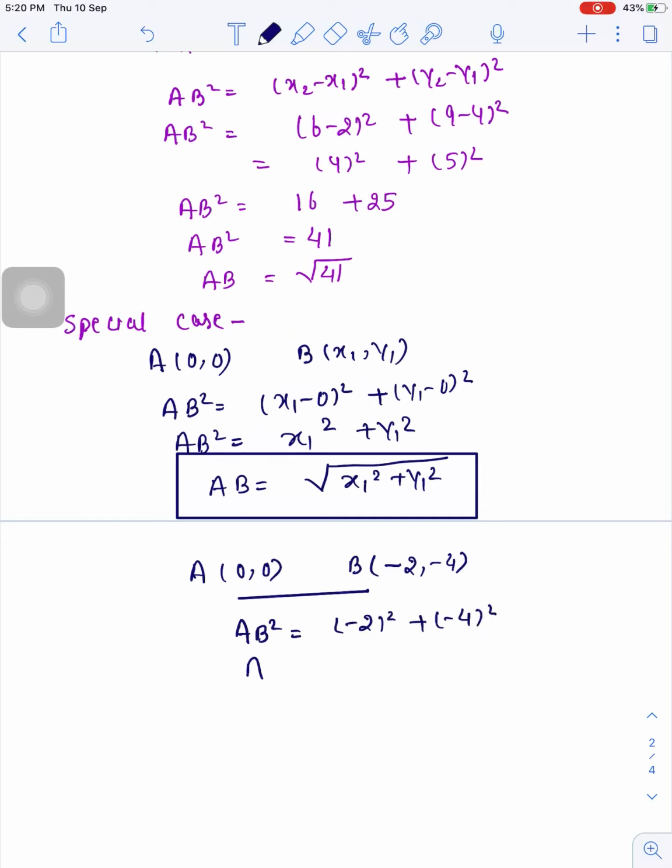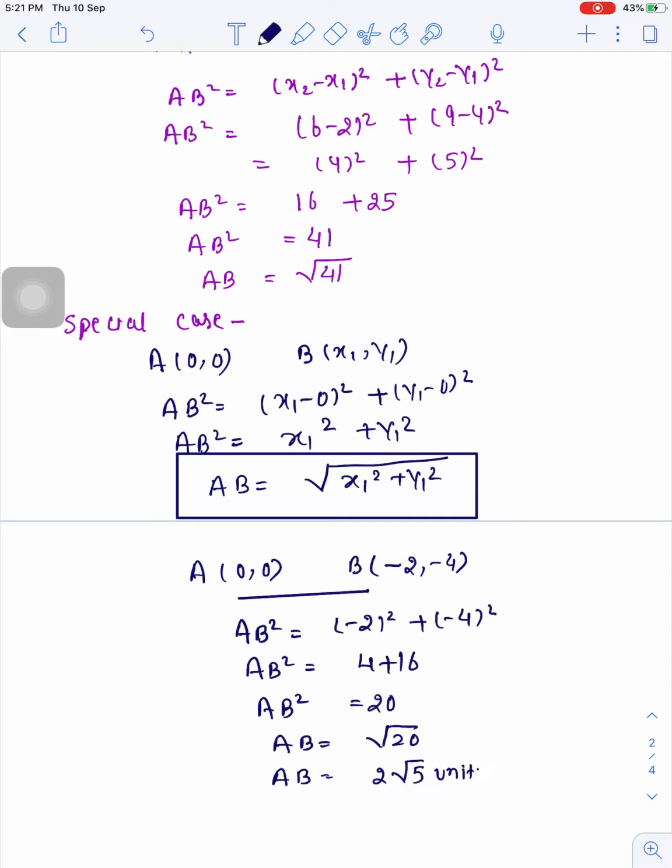So what we have got, AB square is equal to 4 plus 16. So AB square is equal to 20. So AB is equal to under root 20. So AB is equal to, you can see what we have got, 2 root 5 units.